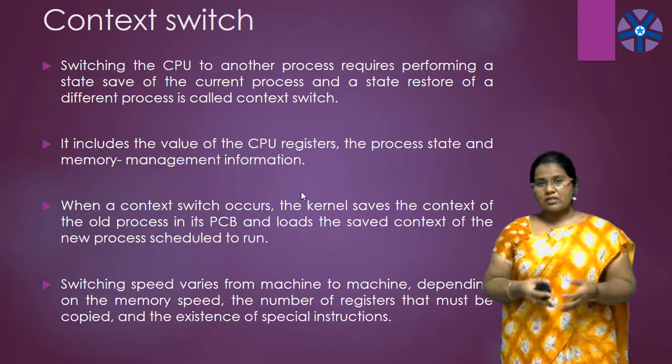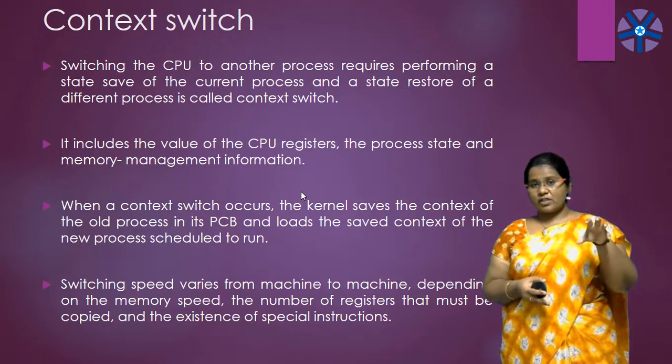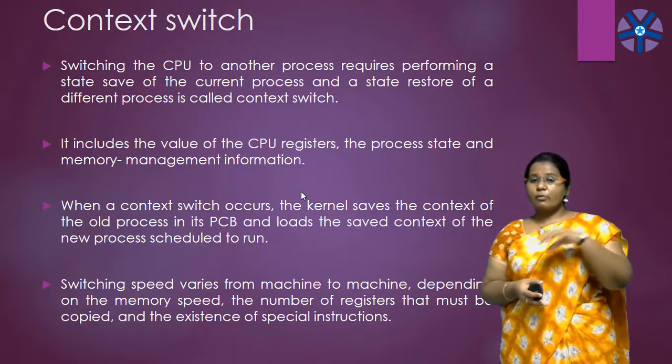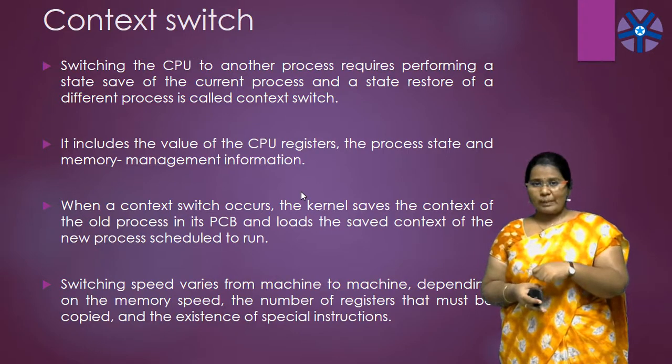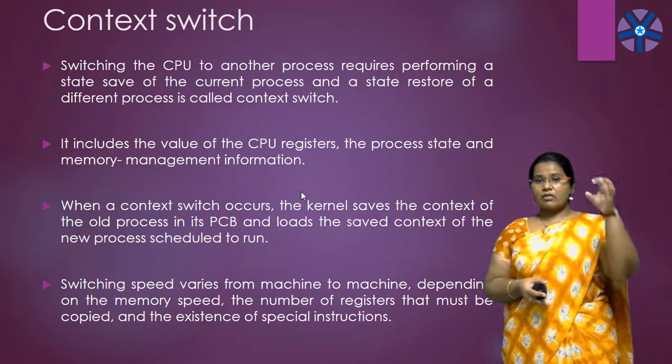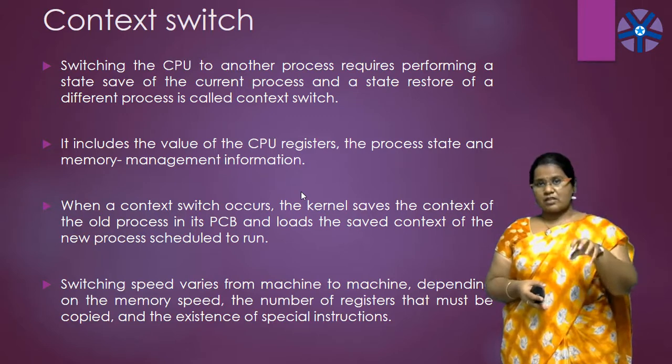Once the second process has been completed, the process which was suspended previously will be moved to the CPU. Before moving this suspended process into the CPU, the kernel will again restore the saved contents of this suspended process.